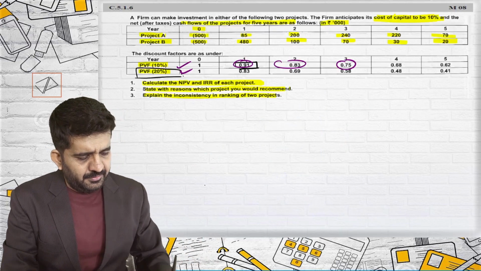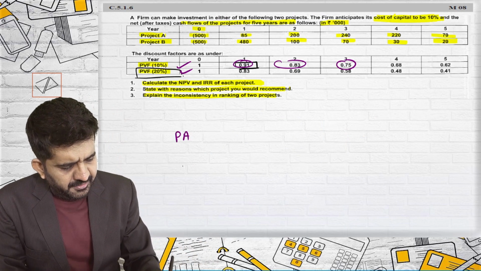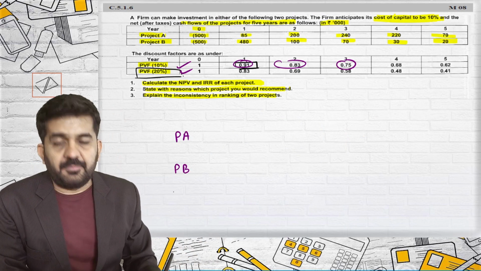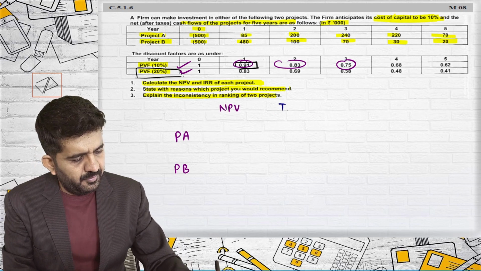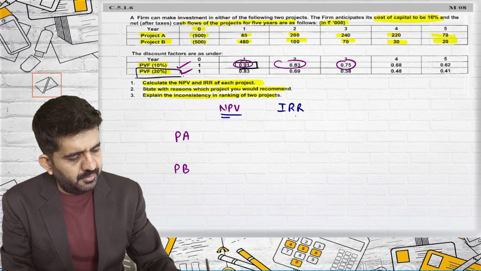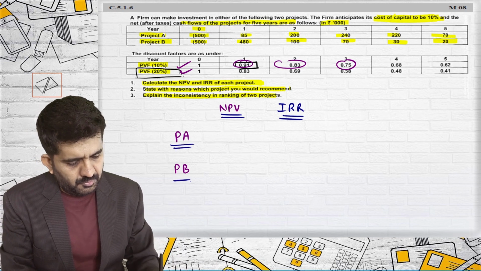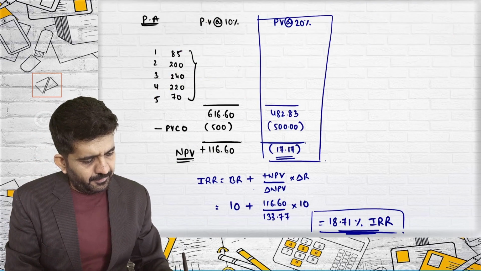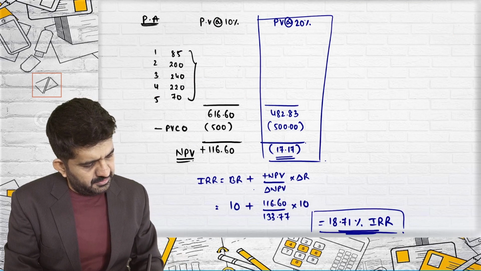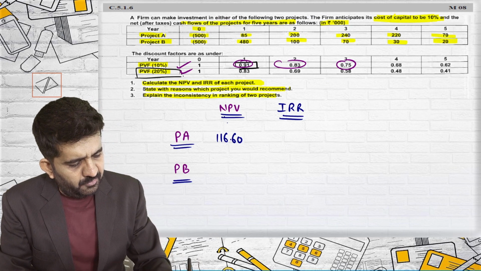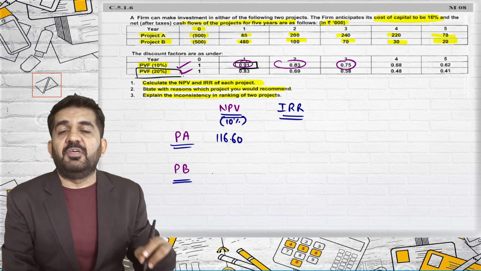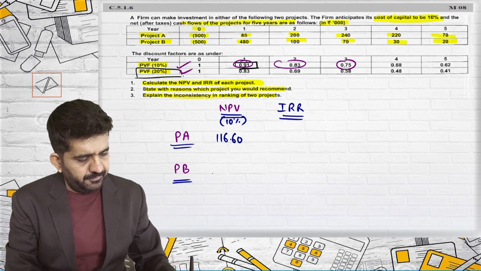I am summarizing the answer. Project A, Project B, NPV, IRR. Project A, NPV is 116.60. It is always at 10%. NPV is always found out at the discount rate.